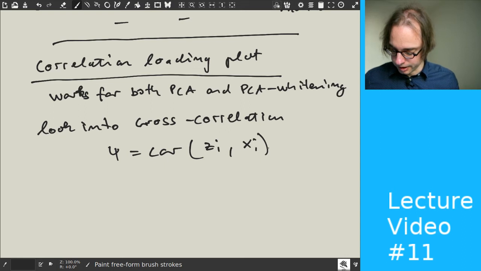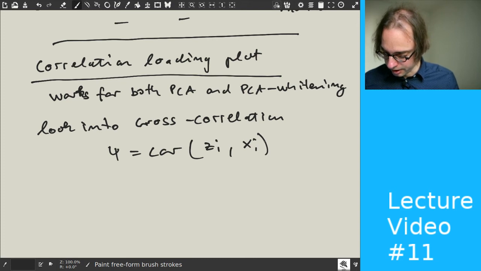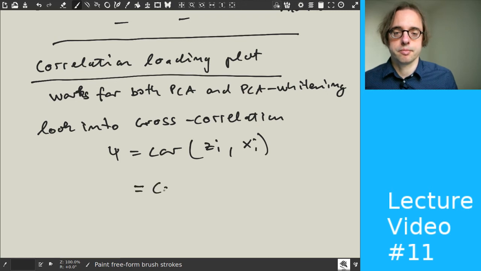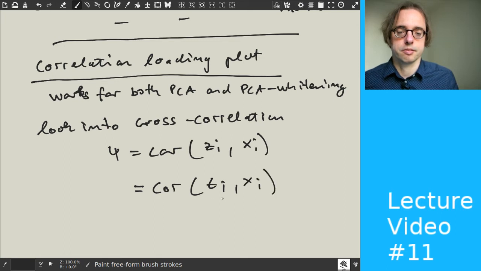It's relatively easy to show that we can do the same thing with the standardized t or the non-standardized t, and because the standardization doesn't really matter, the psi is the same whether you use zi or ti. So this is the same as the correlation between the ti and the xi. This is using PCA components, and this is using the PCA whitened components. So this is exactly the same.